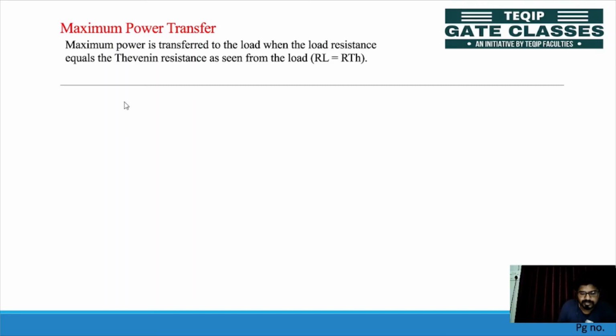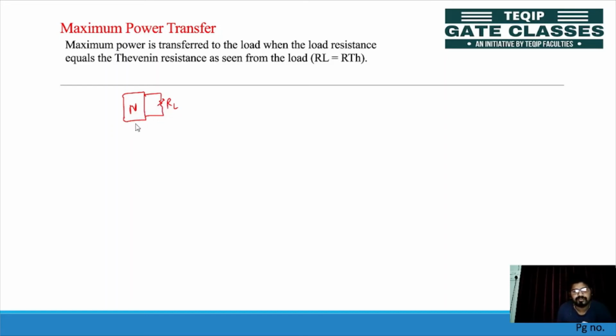What it means is, if you have a network here and there is a load, say RL, then the power transfer in RL will be maximum if this RL is equal to the Thevenin equivalent resistance, that is, the equivalent resistance at this terminal.